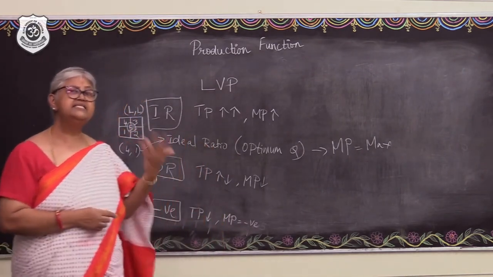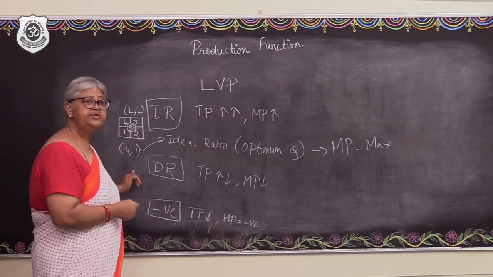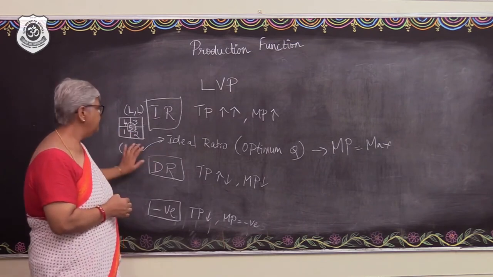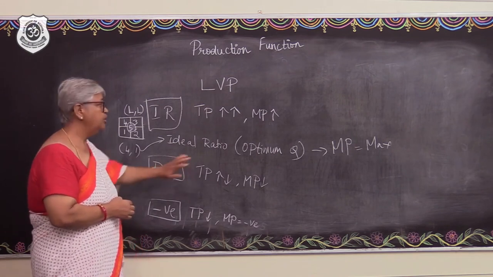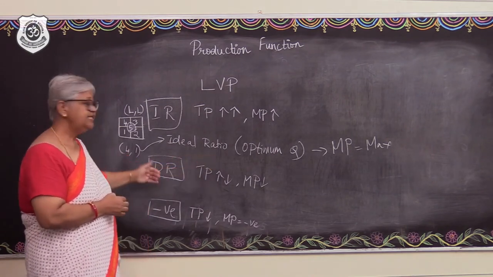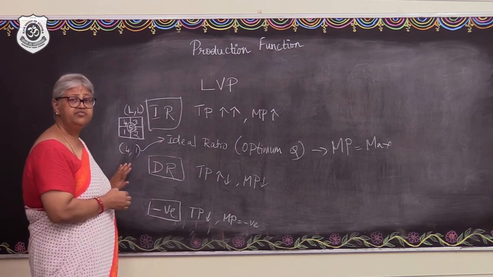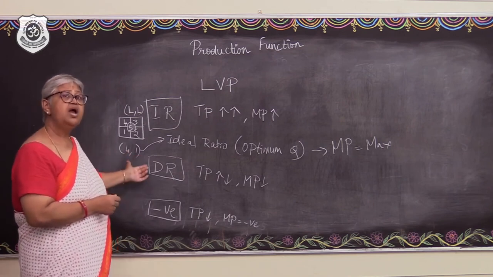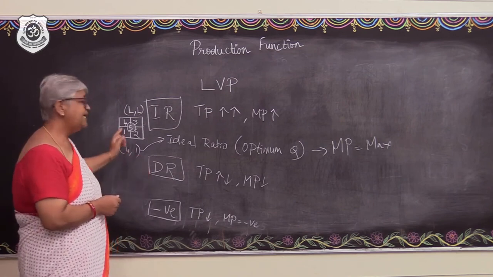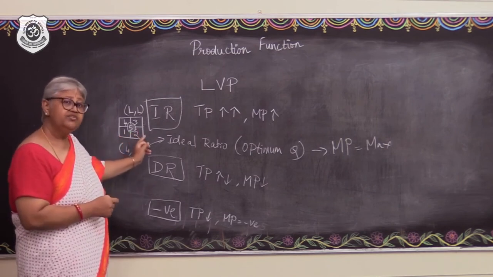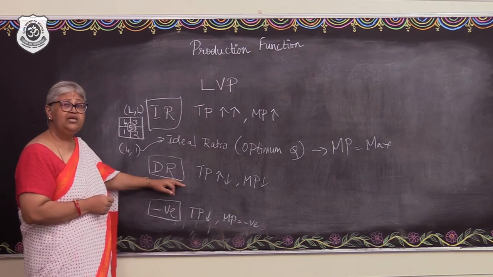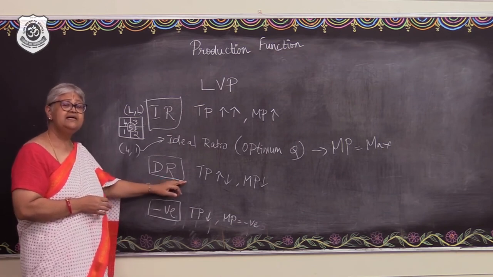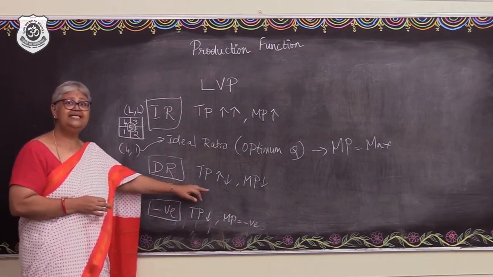So, in order to maximize the output, the entrepreneur is going to move on beyond this ideal capacity, beyond this ideal ratio or the optimum output. Fine? So, when one more unit of the variable input is employed in the process of production, that additional unit will only give a lesser return, or there is going to be a decreasing return.